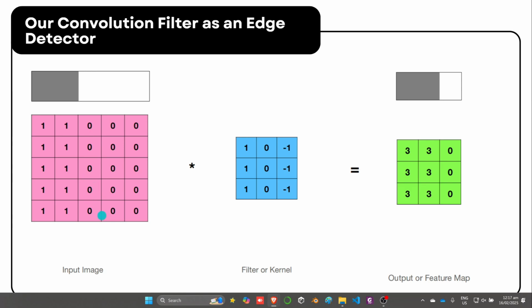So as you can see, we have this representation of this image here. If you try to convolve this one, then it will result in this 3 by 3 feature map.